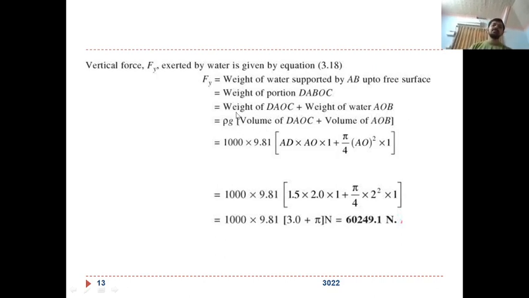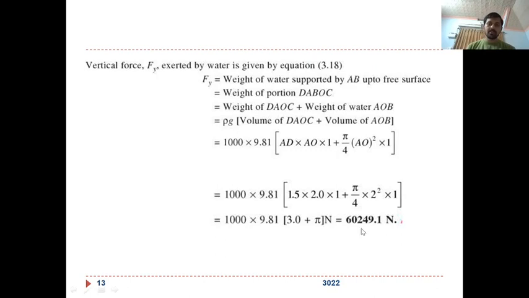So weight is rho g into volume, right? Density into acceleration due to gravity into volume. So volume you can find out like this: area into height is the volume. Here this is a plane surface, so length into width into the other dimension, height.